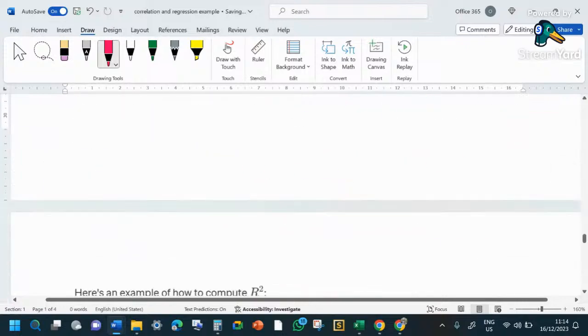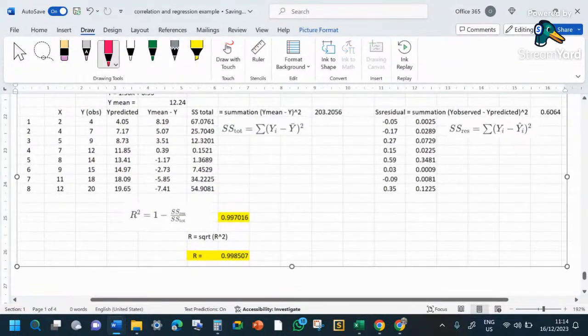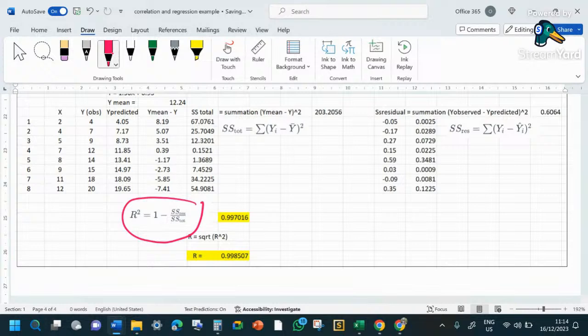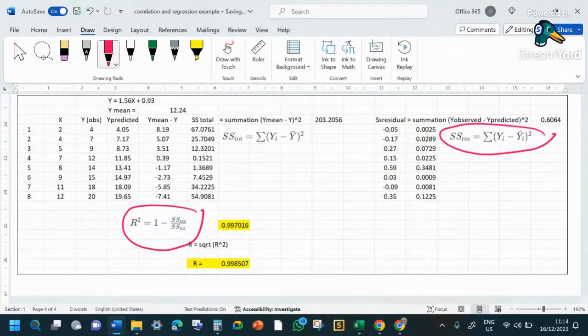Now, how do you compute for R? There is a formula that we can use for that, and that is 1 minus SS residual over SS total. And how do we get the SS residual? You have the summation of y observed minus y predicted. You get all the values and then square them, and you get 0.6064.